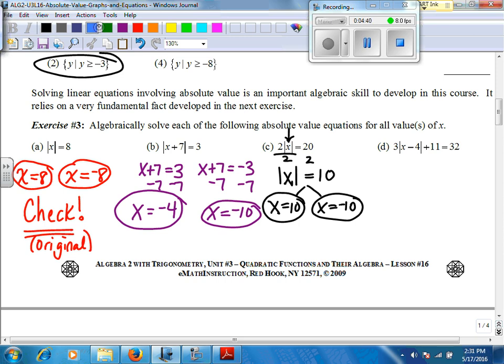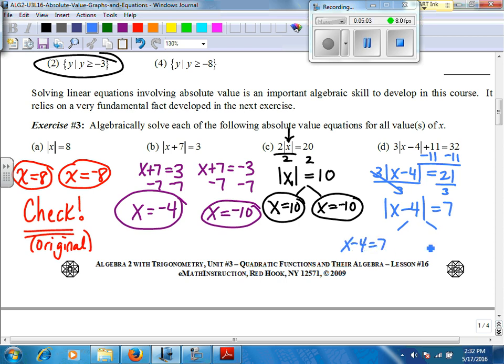And in this last one, we've got a bunch of things to move before we can make our two cases. We've got to move the 11 over. 3 times the absolute value of x minus 4 is equal to 21. And then we can divide by 3. Absolute value of x minus 4 equals 7. And now we can make our two cases. x minus 4 could be 7, or it could be negative 7.